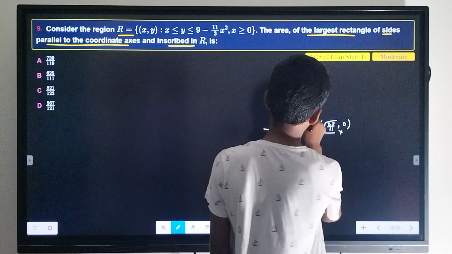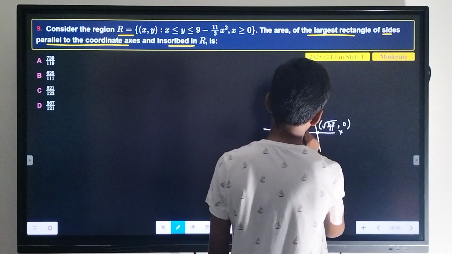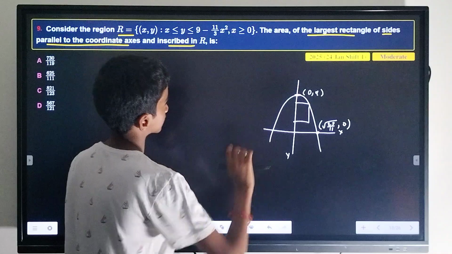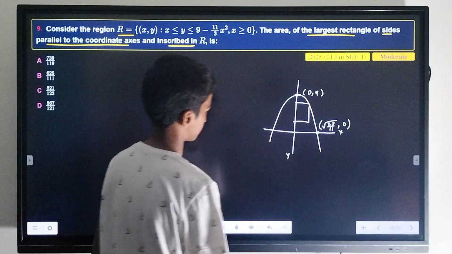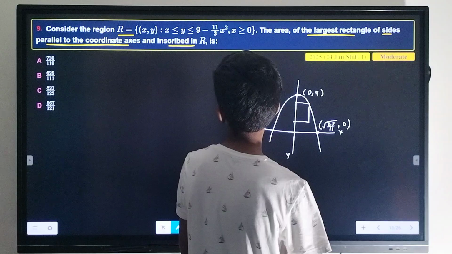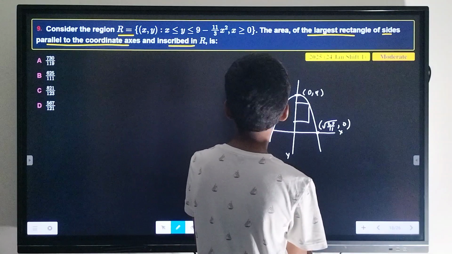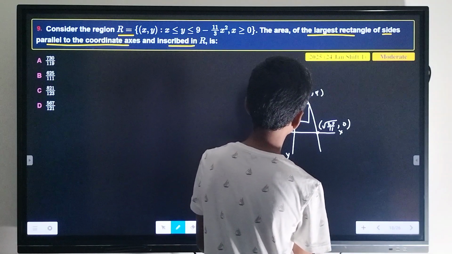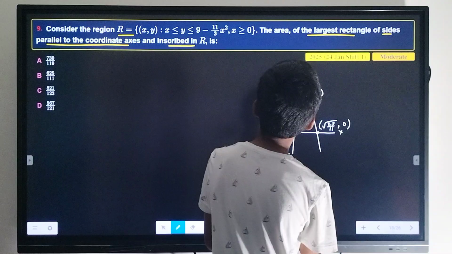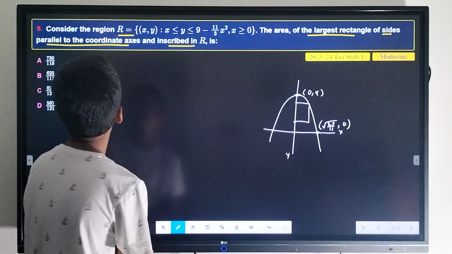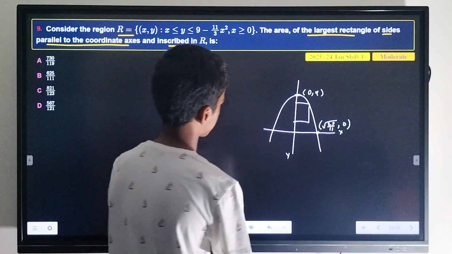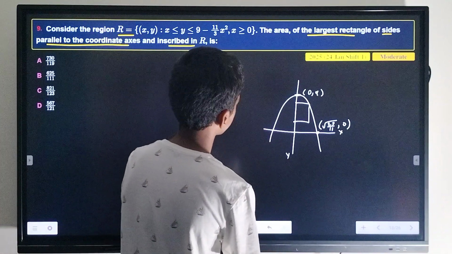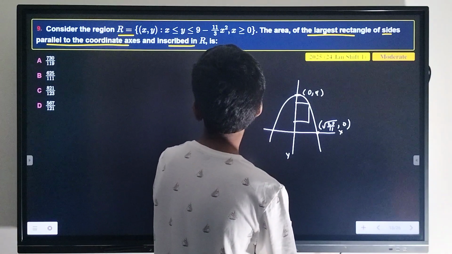So here we have our rectangle, whose sides are parallel to the coordinate axis and inscribed in R. So we want the area of the largest rectangle inscribed in the region R.